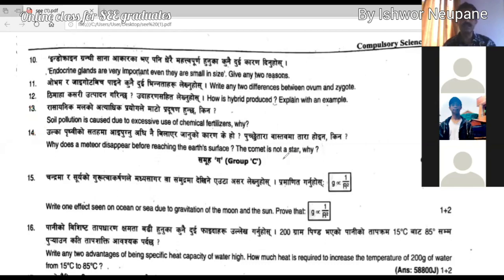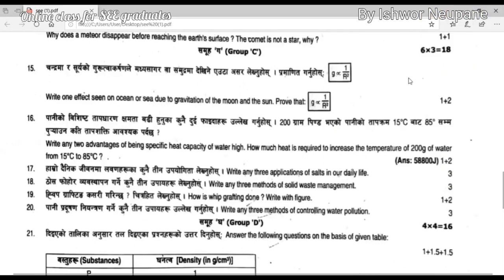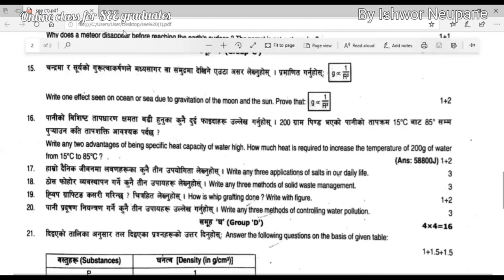Now, question number 15: write one effect seen on the ocean or sea due to gravitation of the moon and the sun.